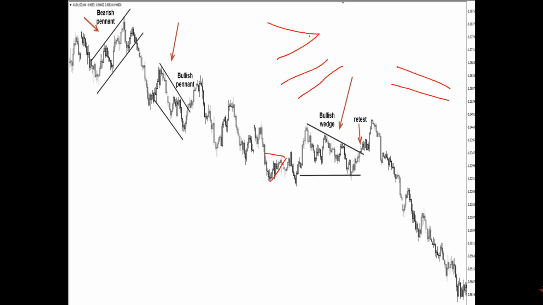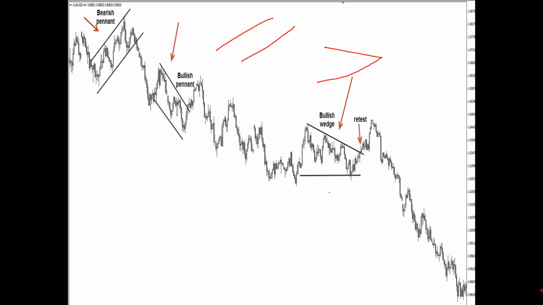A triangle has a vertex here, and a pennant is basically a channel. So there is a difference between a pennant and a triangle. A pennant is like this, a triangle is like this. Okay. Now it's very clear to you.